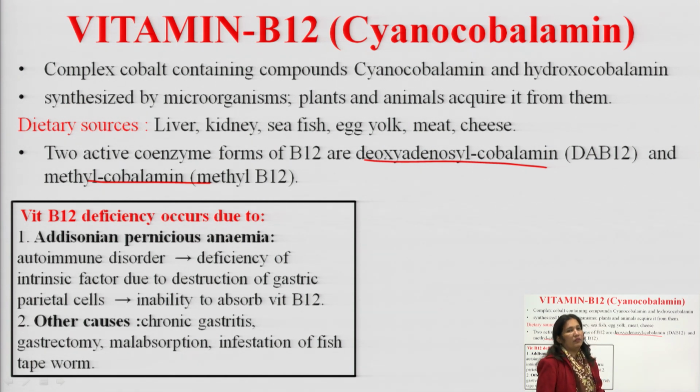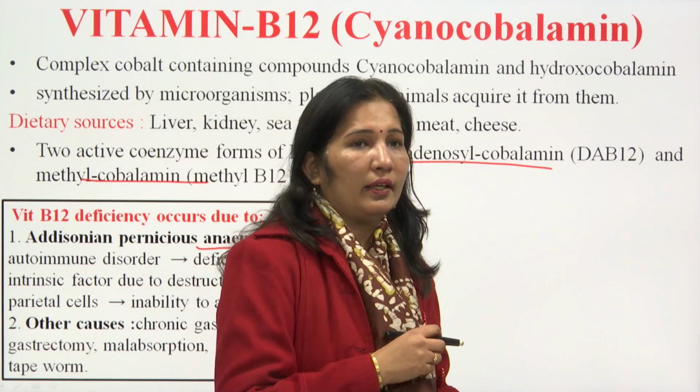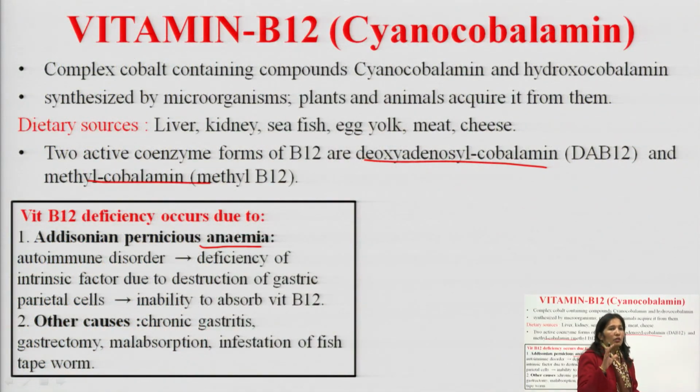Vitamin B12 deficiency occurs due to Addisonian pernicious anemia. It is an autoimmune disorder which results in deficiency of intrinsic factor. As we know, vitamin B12 can be absorbed only in the presence of intrinsic factor.